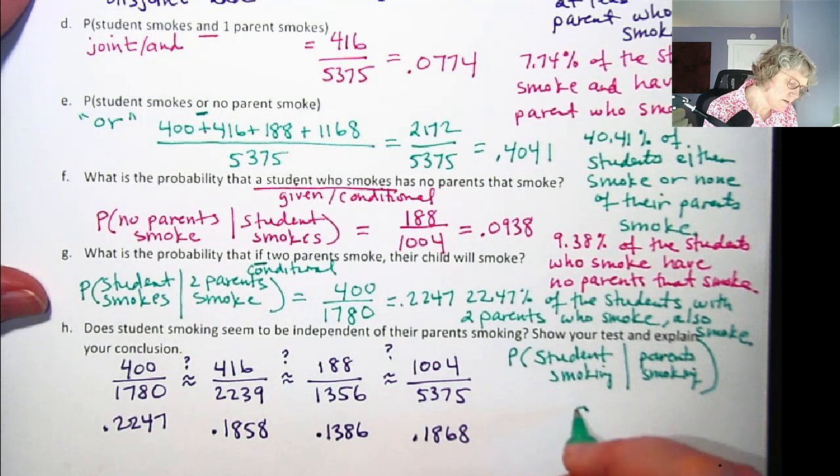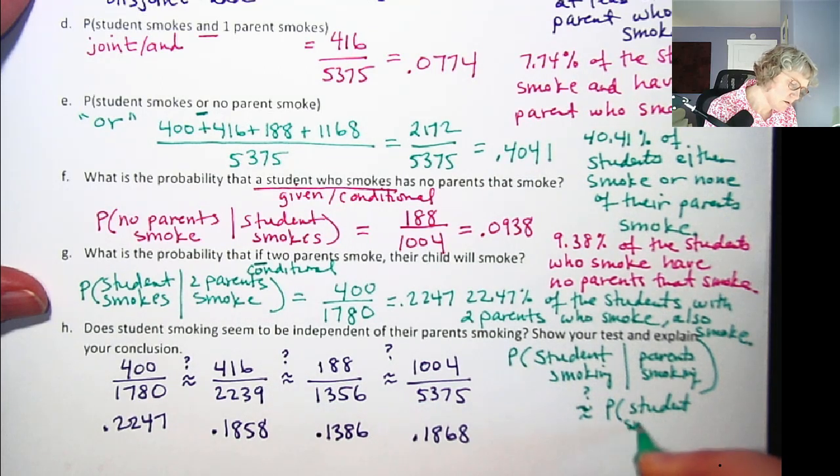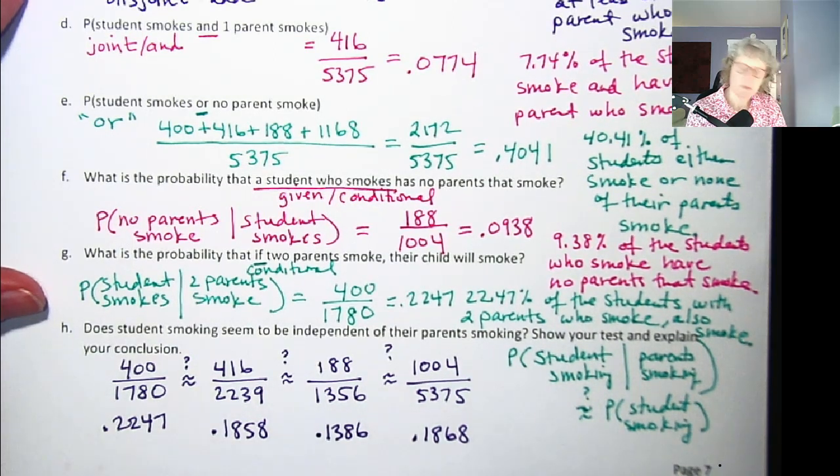Is that close to the overall probability of the student smoking? If you want to write out the conditional statement, that's what it would be like.